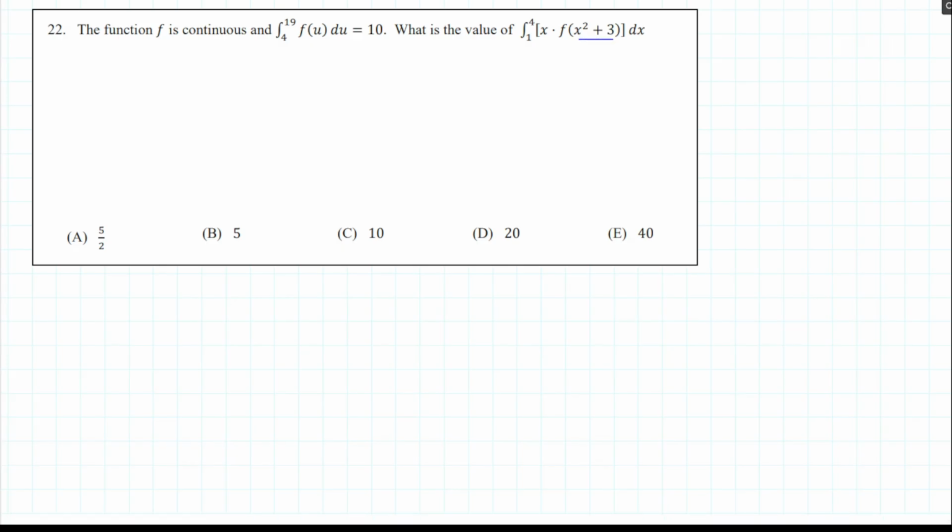The outer function is x, so we can choose u equal to x square plus 3. Then du is 2x dx, or dx equal to du over 2x, right?